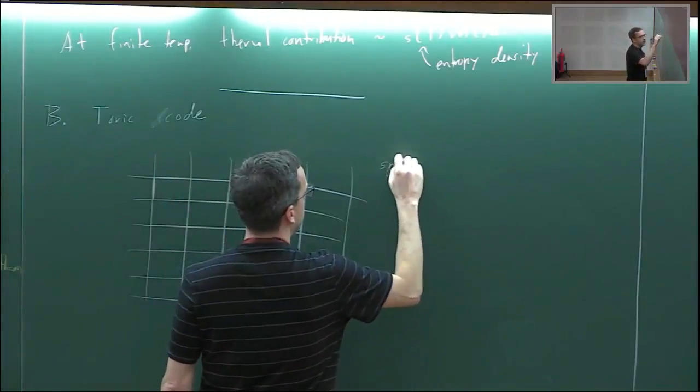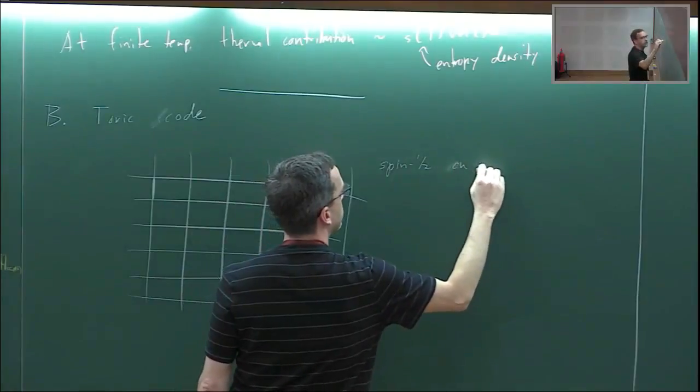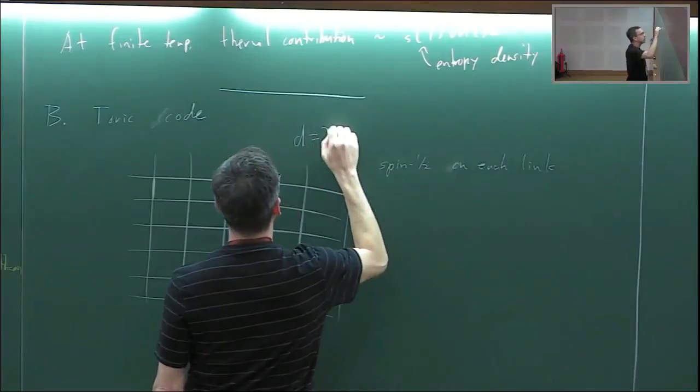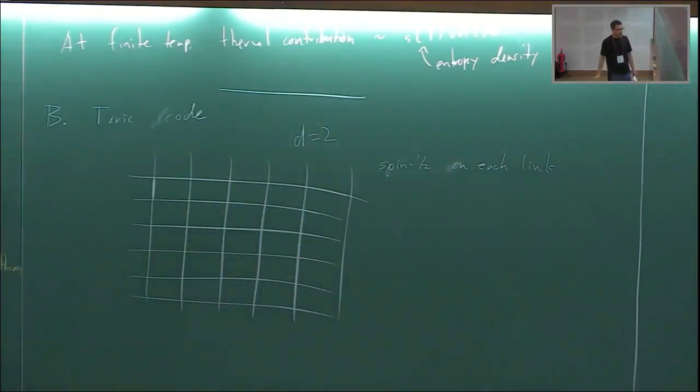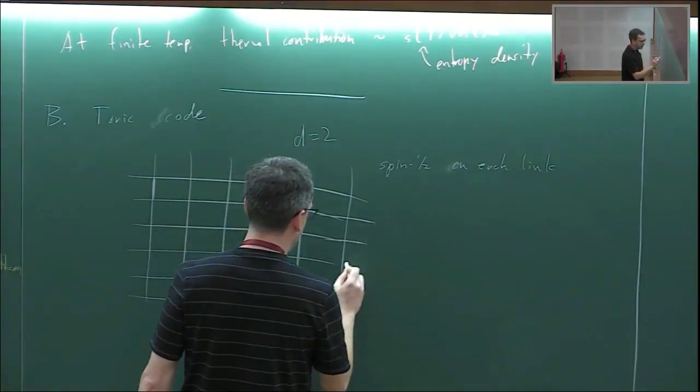So we have a spin one-half on each link. And if you're interested in entanglement entropies, it's kind of as simple as possible, but no simpler.